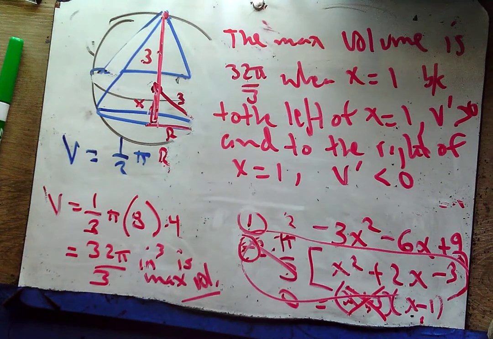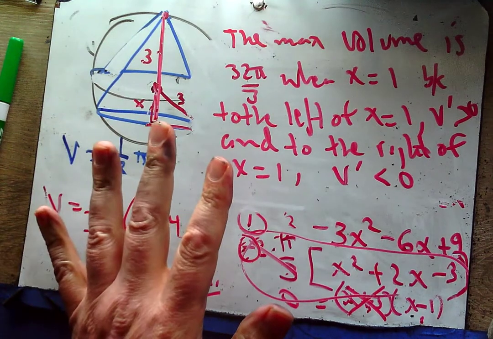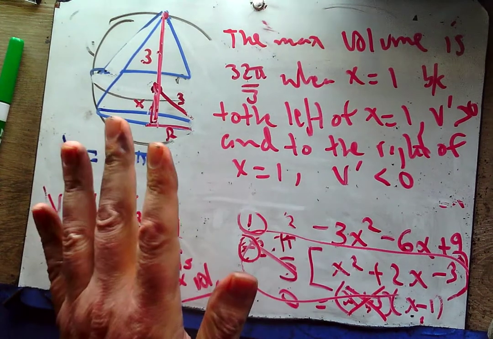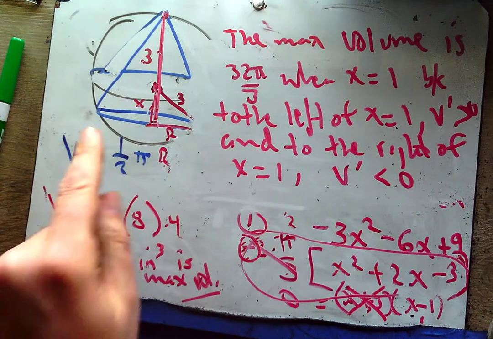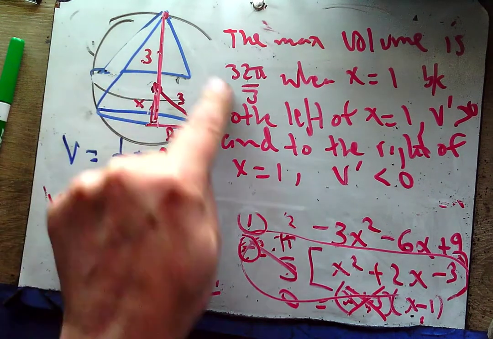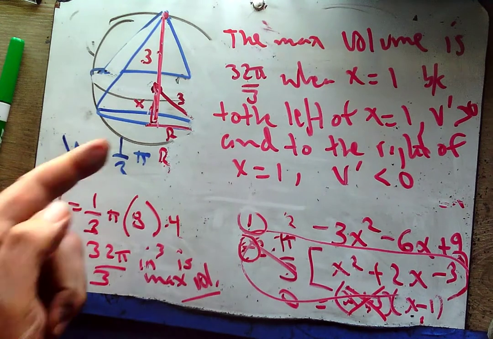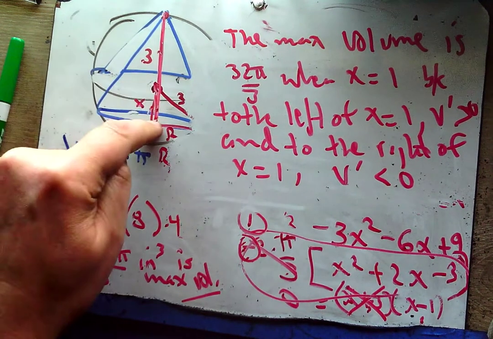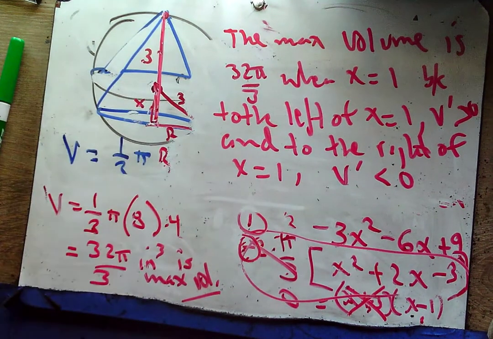Now, for me, this is a really, really tough question. This is a very hard question. I mean, even just getting past the point where the cone might not be sitting on that great circle, because it doesn't. In fact, the cone has to go below in order for us to have maximum volume.